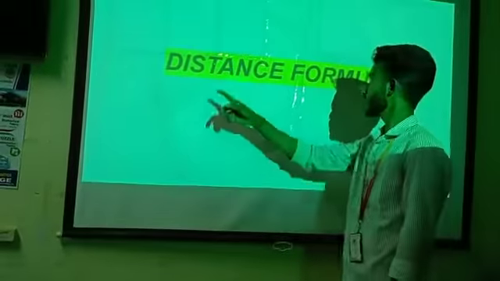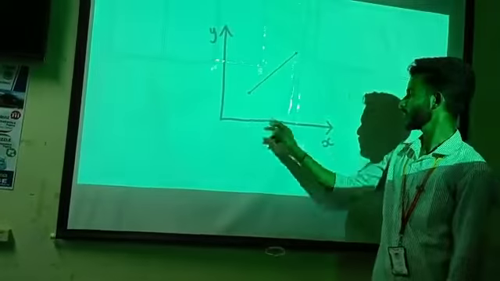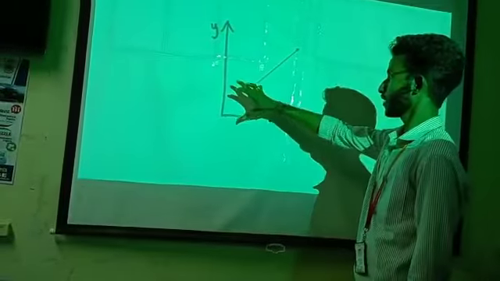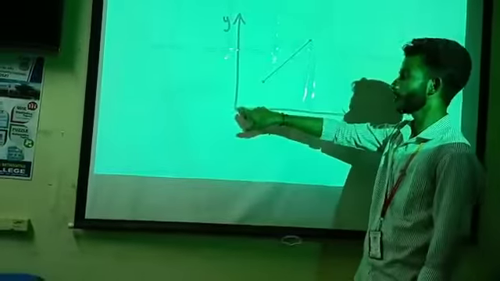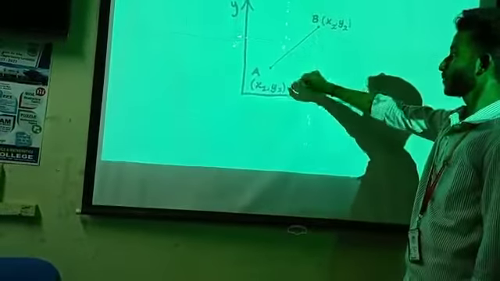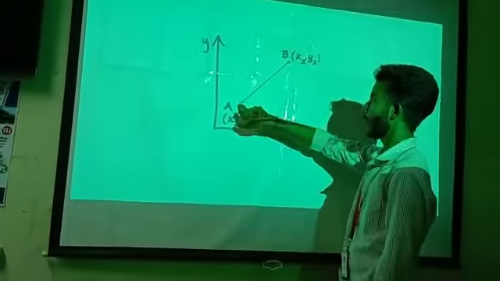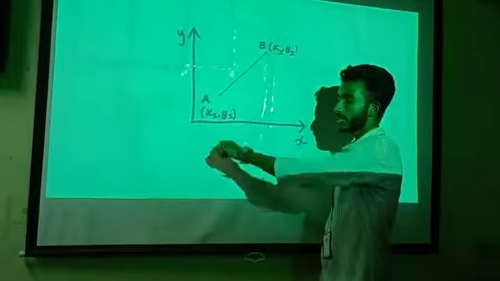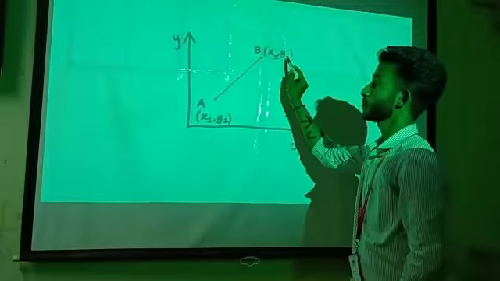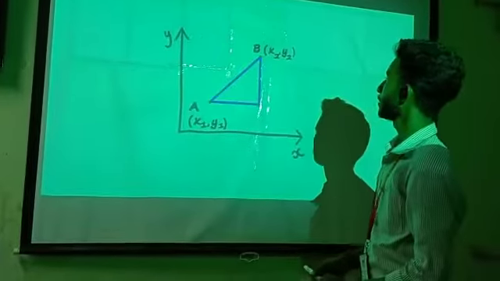Now the distance formula. Draw a diagram with the x-axis and y-axis, with origin O, and identify the points A and B. A is the point (x1, y1) and B is the point (x2, y2).